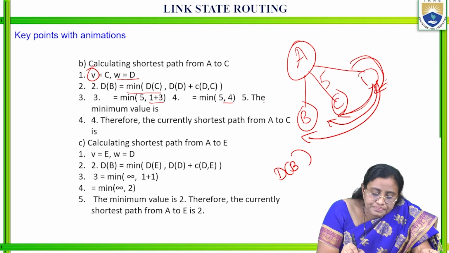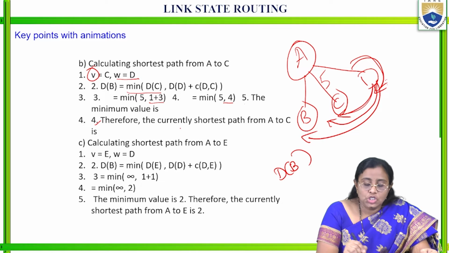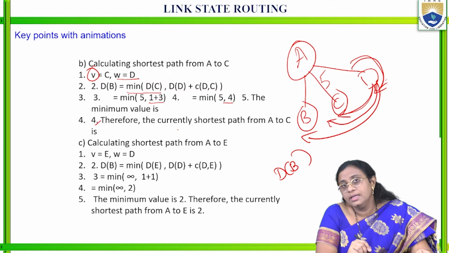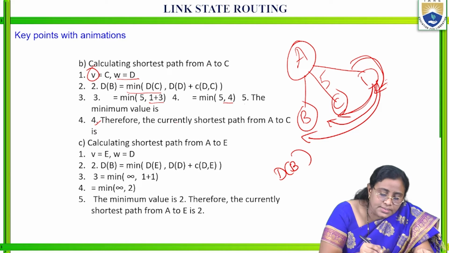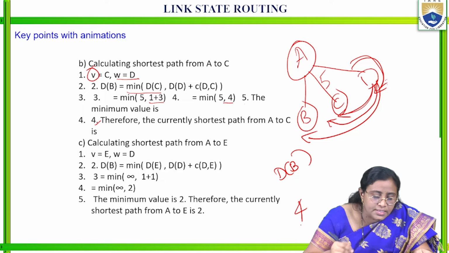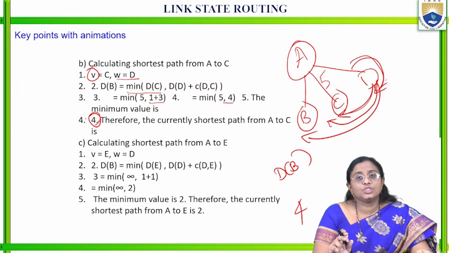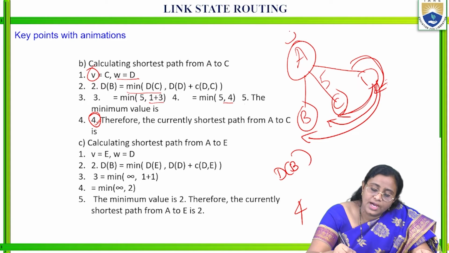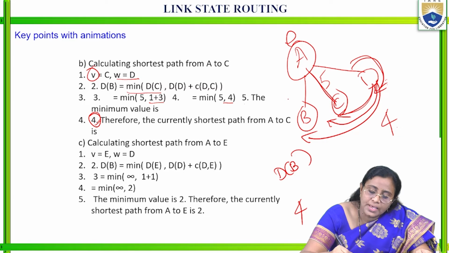Between 5 and 4, the minimum value is 4. Therefore, the currently shortest path from A to C is 4. The minimum value of the least cost path between the root node A and C is nothing but 4, and A to B is 2.